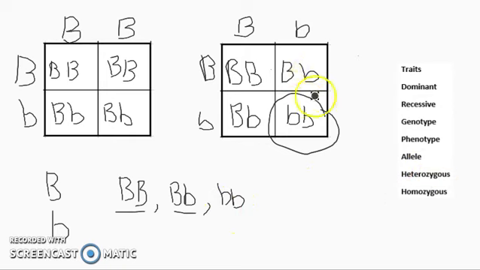Heterozygous, we have heterozygous here, we have heterozygous here. Both these are homozygous. This is homozygous what? Yep, dominant. This is homozygous recessive. Okay. So again, heterozygous and homozygous should cover a bunch of your vocabulary here.